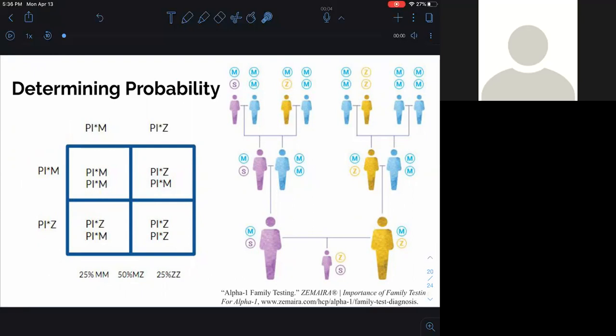If two individuals that are heterozygous for the M and Z alleles want to produce offspring, they have a 25% chance of producing offspring with a completely normal genotype, 50% chance of passing the heterozygous genotype down, and 25% chance of giving their offspring the AATD deficiency.